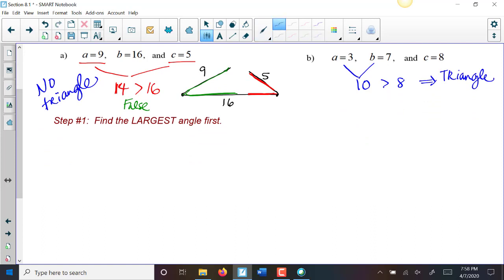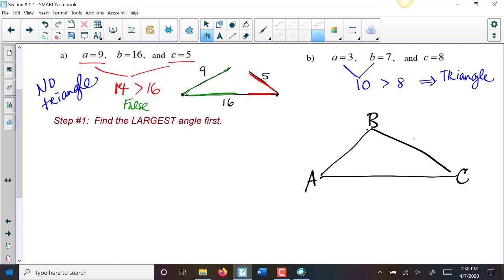I'm just going to draw a quick sketch over here. Once again, not to scale. Okay, so if this is A, B, C, the side opposite angle A is 3, the side opposite angle B is 7, and opposite angle C is 8.